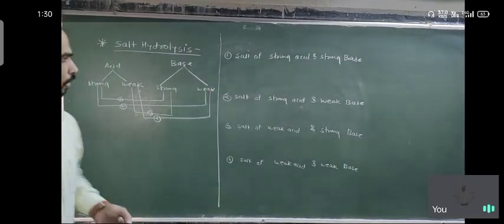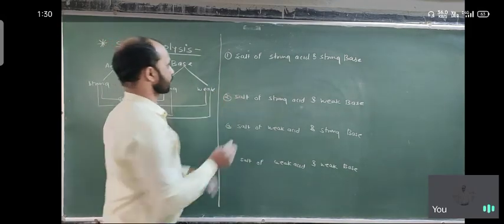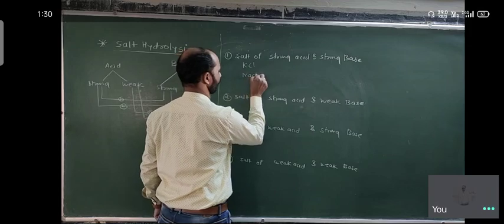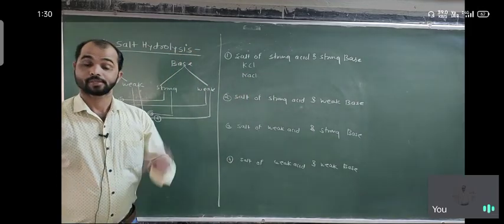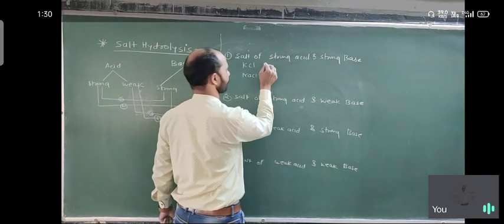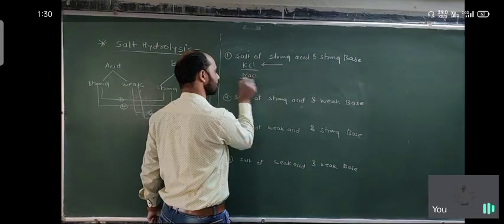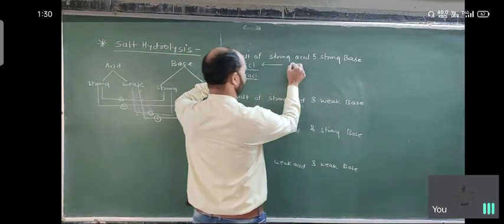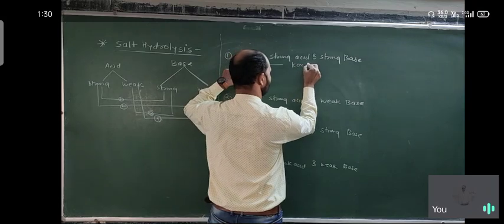First is the salt of a strong acid and strong base. KCl and NaCl are salts of a strong acid and strong base. How? We write it in reverse form. We consider this salt, but how do we obtain it? This salt is obtained from the reaction of KOH and HCl.